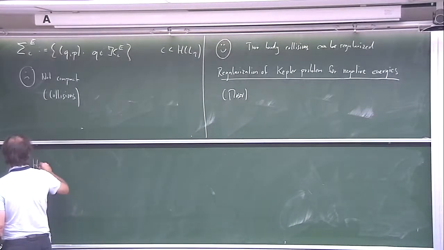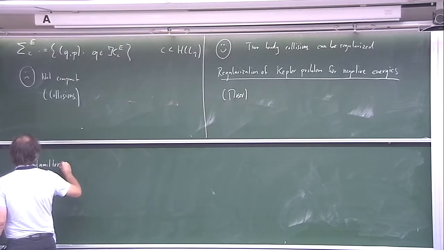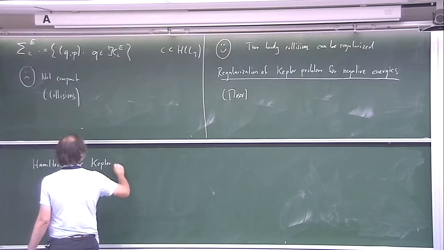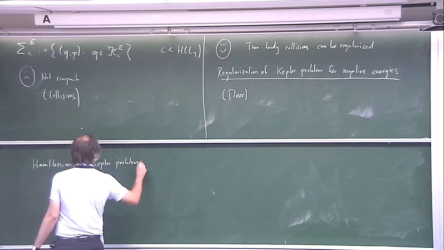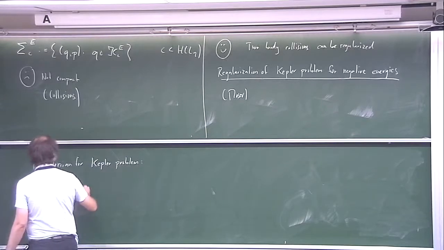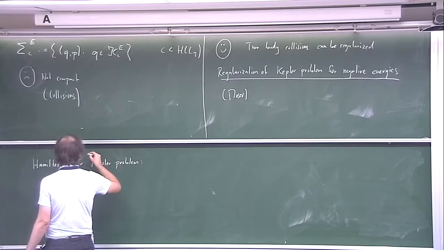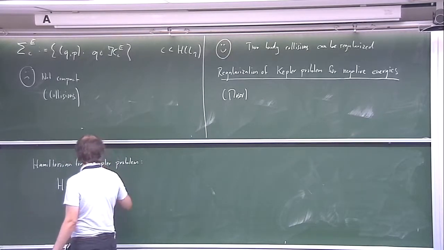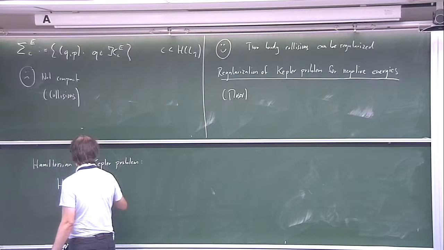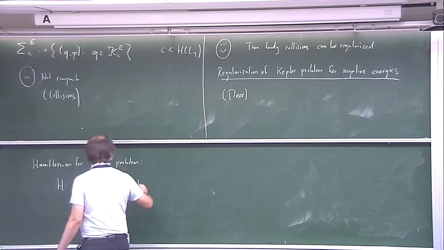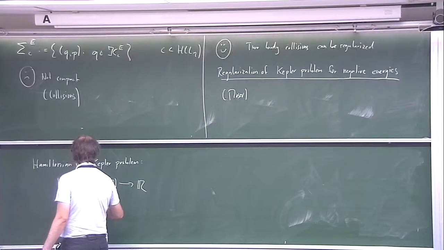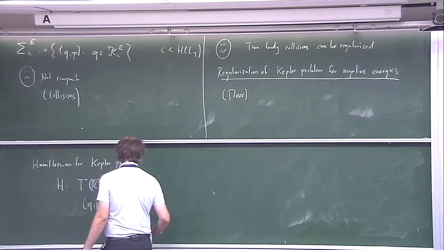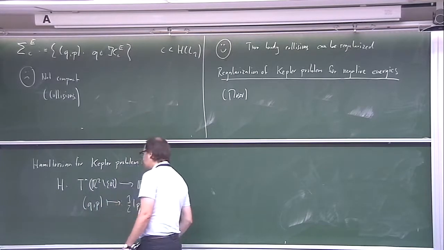So the Hamiltonian for the Kepler problem is just H from T star. Actually, let's maybe consider the planar Kepler problem. So R2 minus origin to R. QP goes to 1/2 p square minus 1 over q.